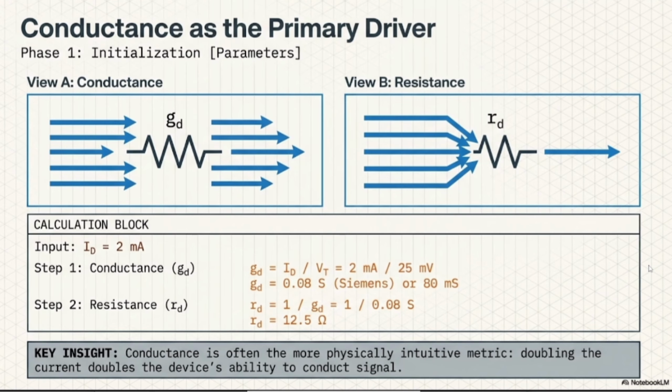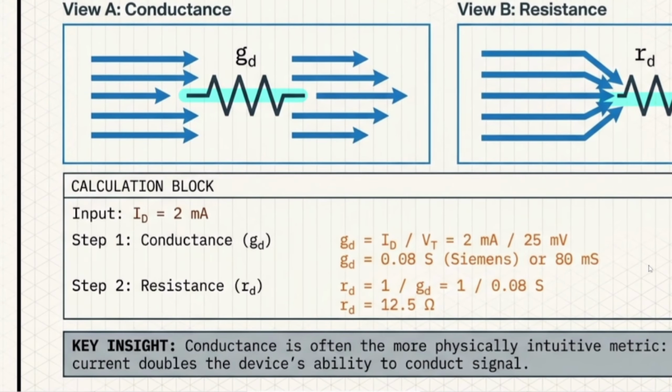If you remember, at the very beginning we defined the conductance, whose unit of measurement is Siemens. The conductance is the reciprocal of the resistance, and the formula is I divided by V. Imagine that I have a condition where my ID is 2 milliamp, and step number 1 of the question asks to find the conductance, then find the resistance.